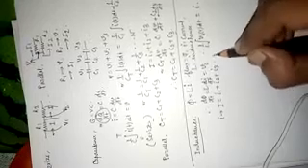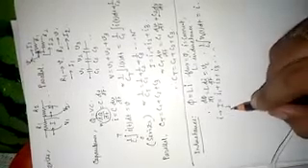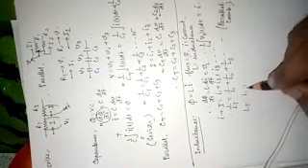Where i is different, written as the summation I1 plus I2 plus I3, so 1 by L total equals to 1 by L1 plus 1 by L2 plus 1 by L3. So what is this? Parallel combination. And for series, Lt equals to L1 plus L2 plus L3.